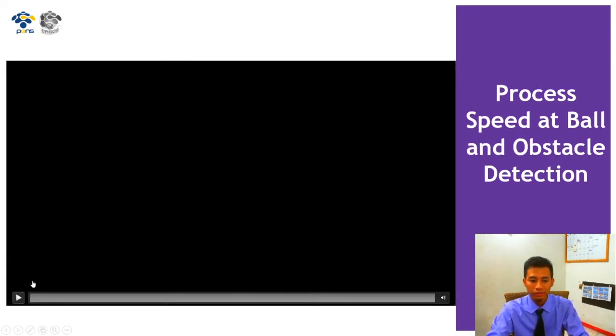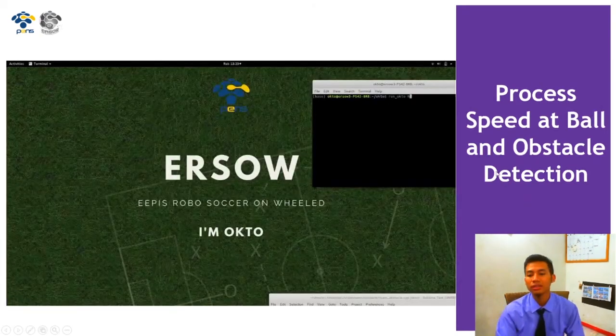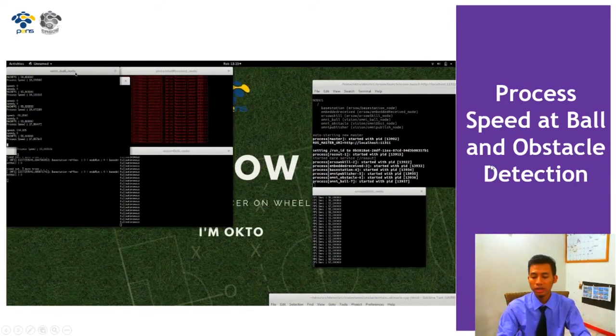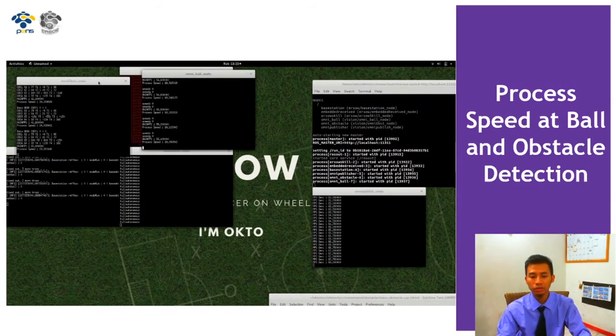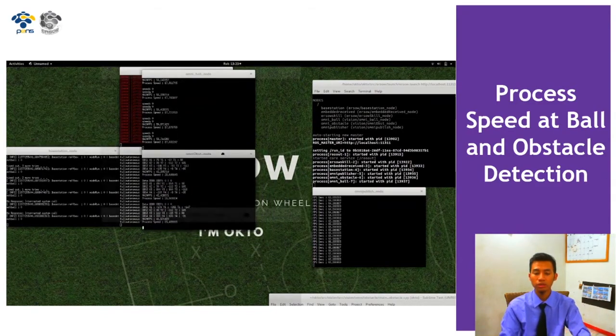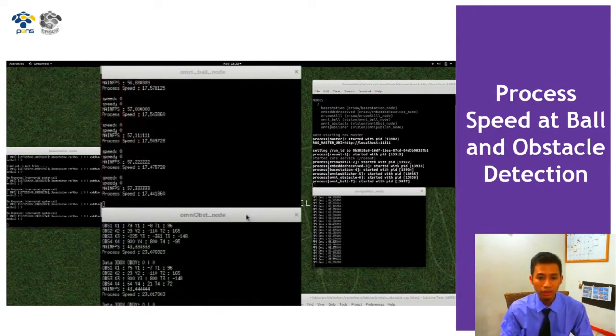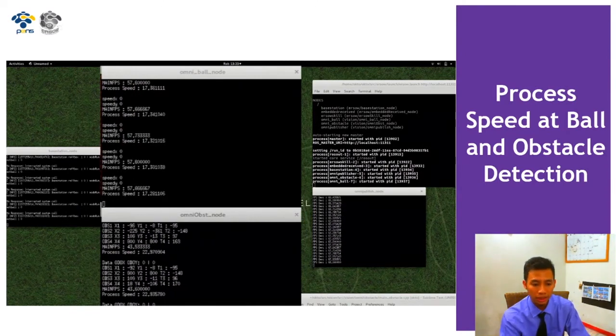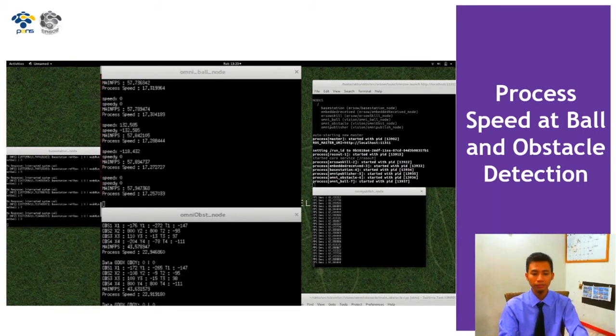And then this is the final result of my research. I ran using ROS and hidden frame, so I didn't show the frame. The result in ball detection is 18 or 17 milliseconds, and obstacle is 23 or 22 milliseconds.